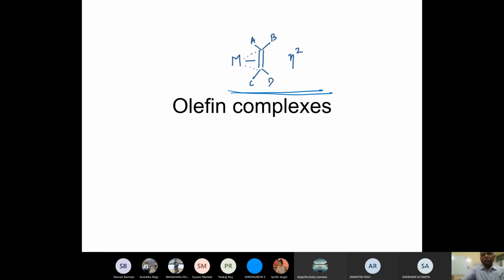The idea is that it is bonded in an eta2 fashion. It's bonded to both carbons equally, so the M-C distances are the same.